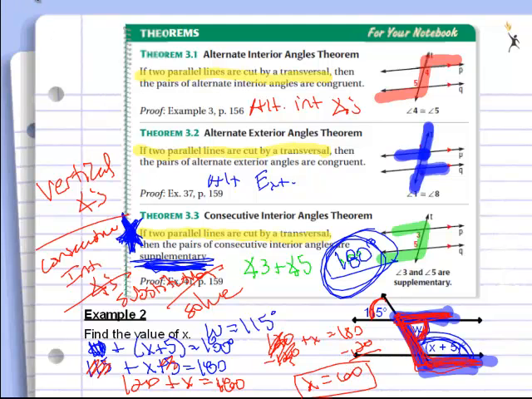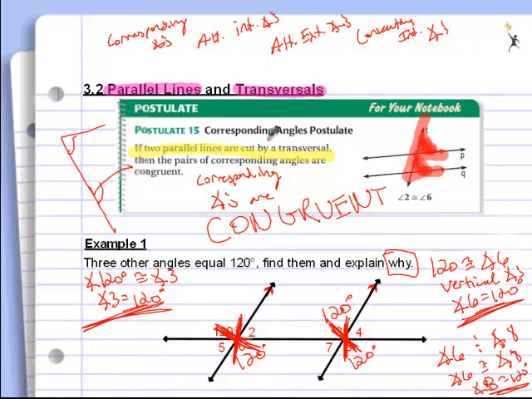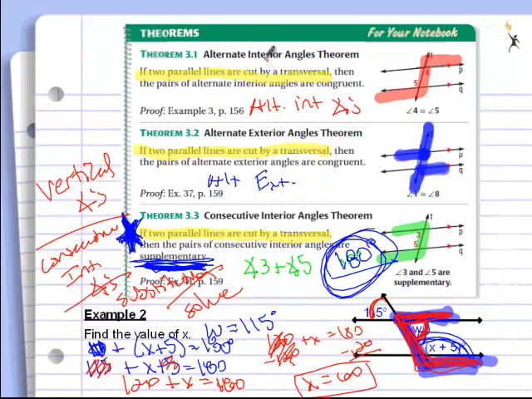You have to be able to resort to using corresponding angles, using alternate interior angles, using alternate exterior angles, using consecutive interior angles being supplementary. You have to be able to use all of those in order to solve some of these problems, like you're going to see in a second. That is so much harder if you can't even identify them.